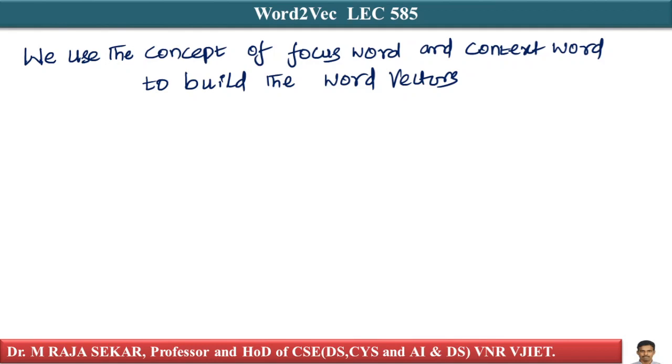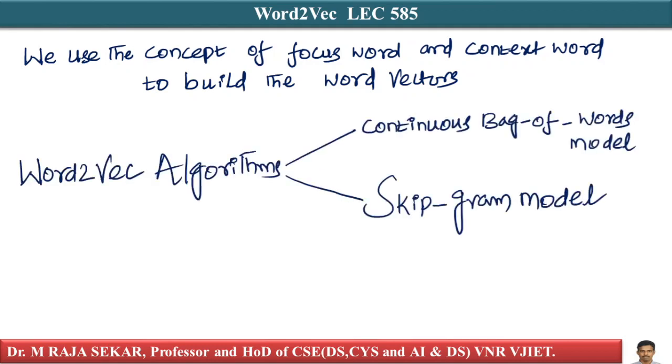There are two Word2Vec algorithms. One of them is called CBOW and the other is called skipgram. I will explain both of them in this particular lecture series. CBOW stands for continuous bag of words.